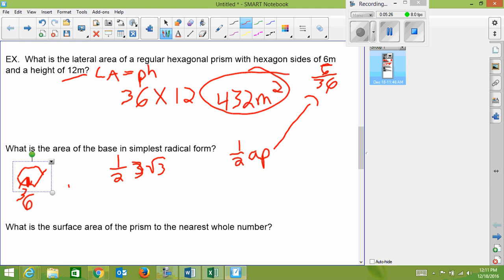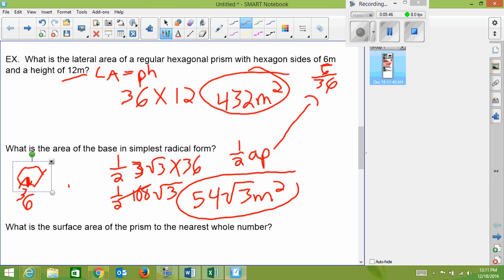So you take 1/2 of 3 square root 3 times our perimeter, which is 36. 36 times 3 is 108, and I still have my square root 3 there. Half of that is 54, so 54 square root 3 meters squared.